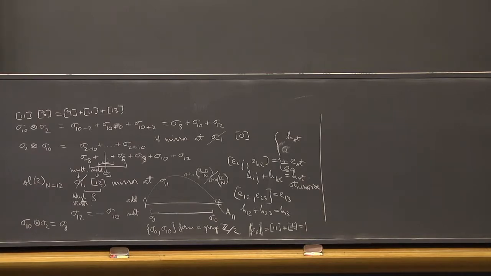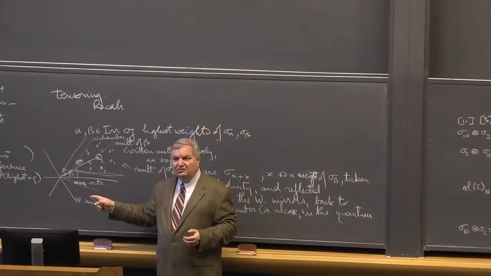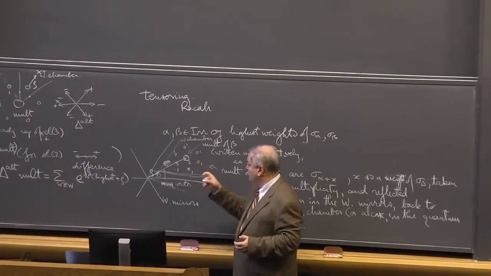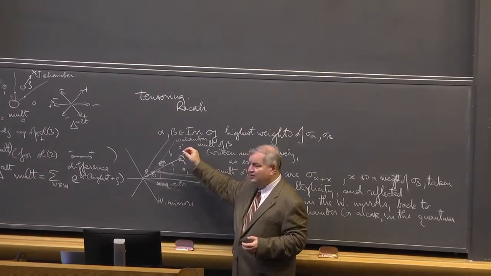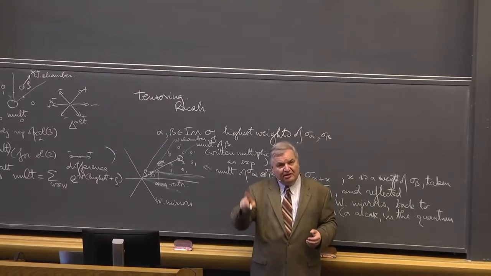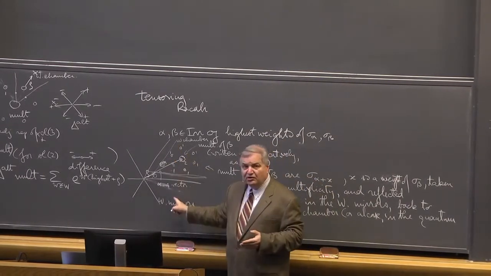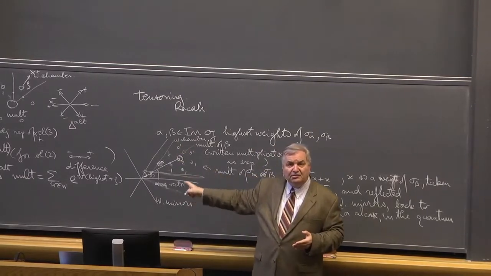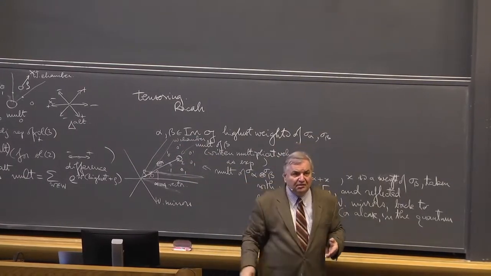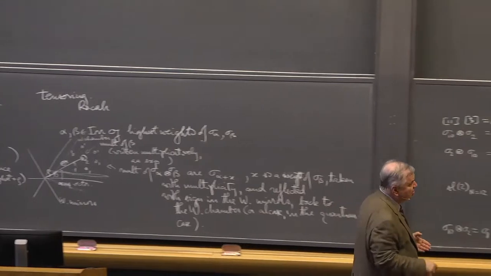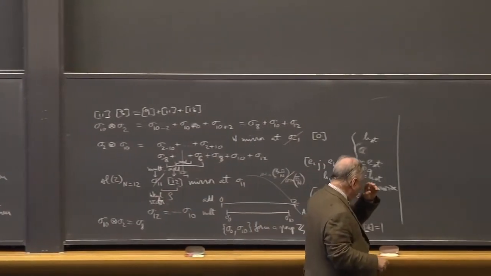This manner of finding them is very seldom used in the literature as far as I could see. That's why I did it. Typically, there's a formula which gives you the multiplicities on a one-dimensional line, and that's the one that's used line by line.